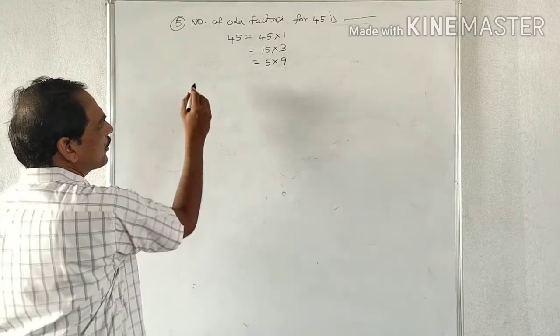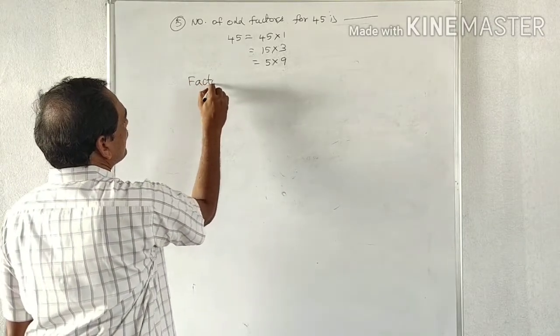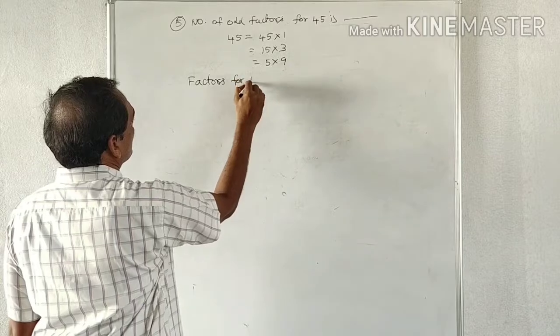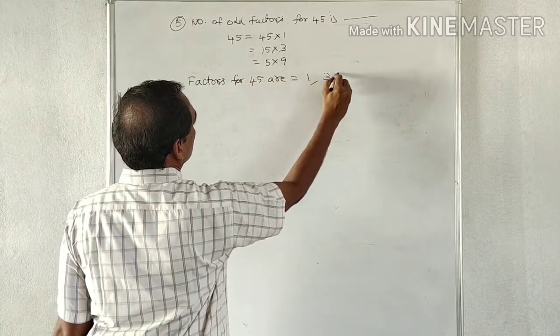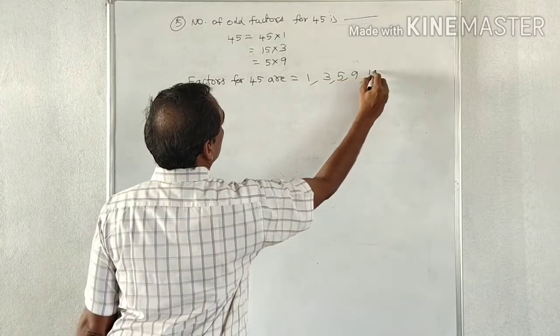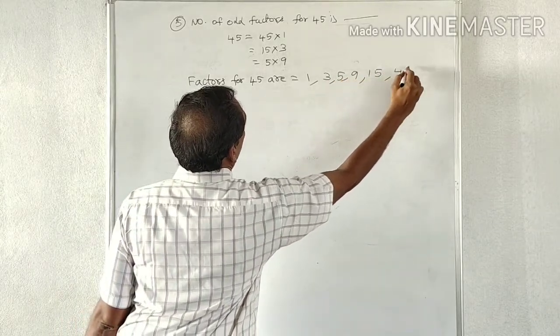So the factors for 45 are 1, 3, 5, 9, 15, 45.